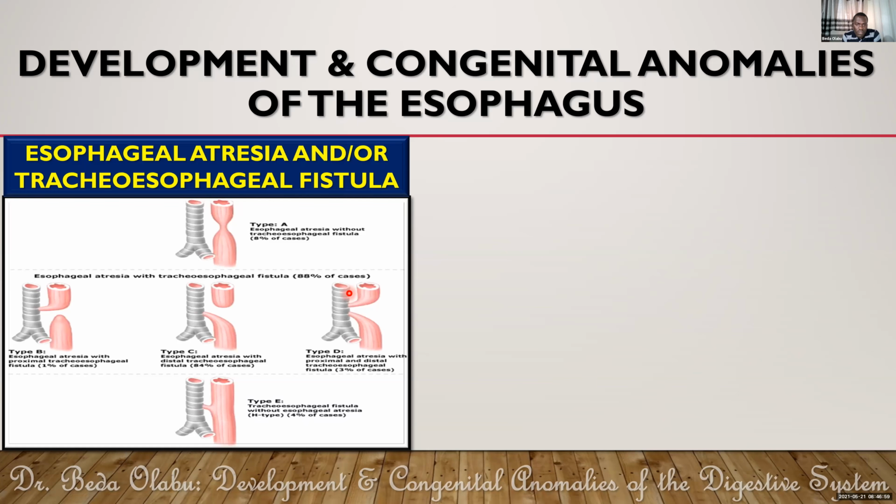So there is esophageal atresia with a double fistula. So there is both proximal and distal fistula. That's type D. And type E, there seems to be no esophageal atresia because the lumen of the esophagus is continuous. However, there is a fistula. So this is tracheoesophageal fistula without esophageal atresia.